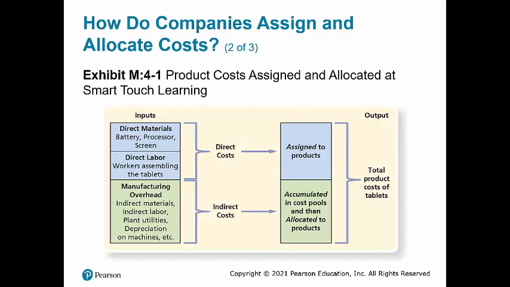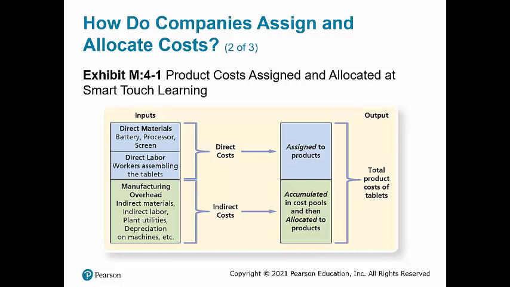So this slide just gives an example of some of the direct product costs for Smart Touch Learning for their tablet computers, and then some of their indirect costs. So batteries, processors, and screens would be direct materials, and the direct labor costs for the workers that are assembling the product would also be direct costs that we can easily trace and assign to the product.